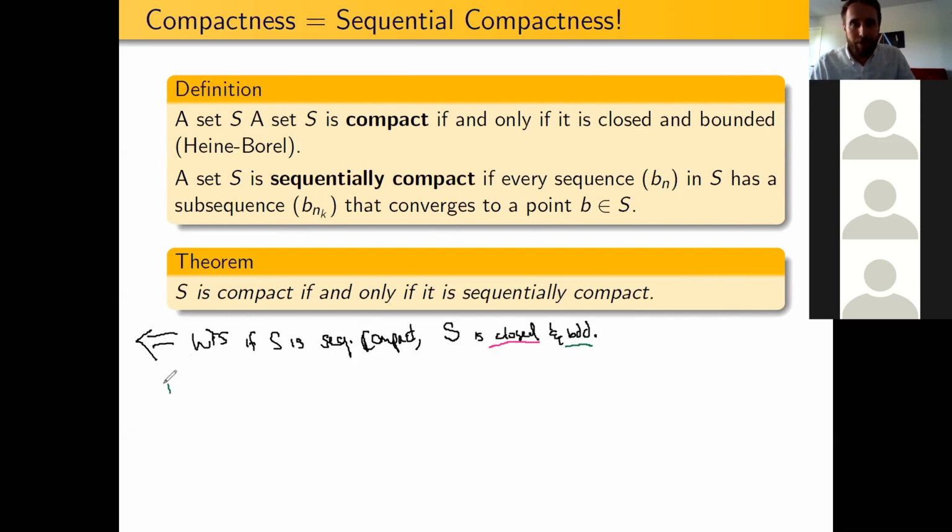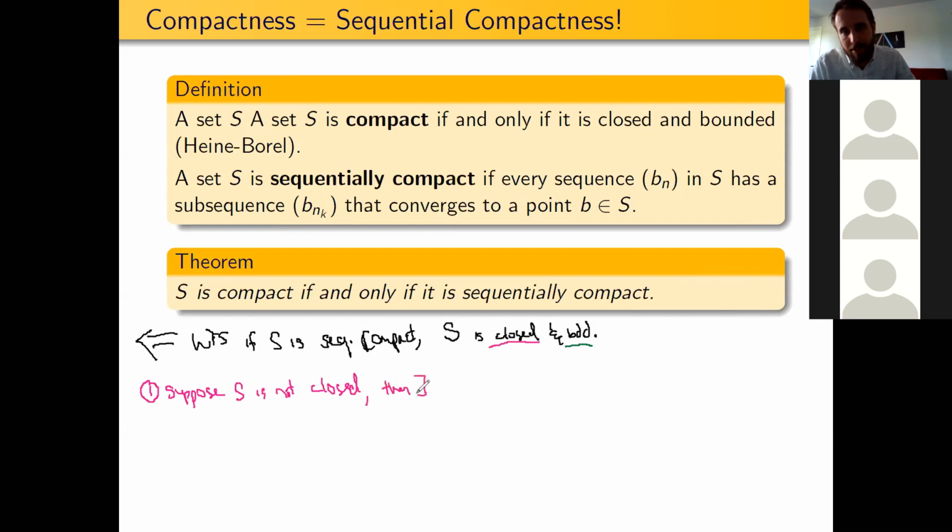For the first half, we're trying to show that S is closed. I'm going to construct a slightly heuristic argument, but one that we could make really explicitly rigorous. In short, we're going to prove the contrapositive, in fact for both of these. So suppose S is not closed.